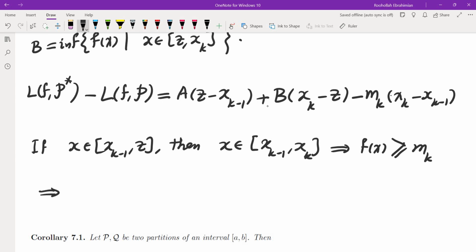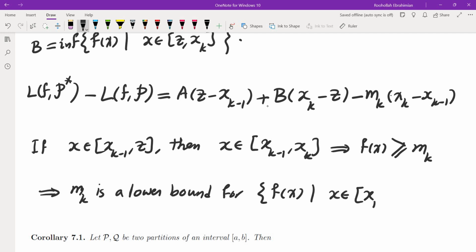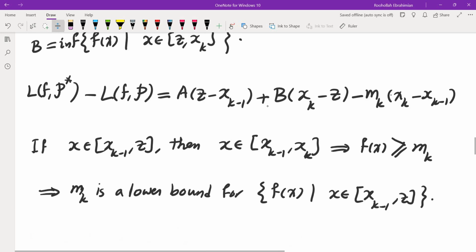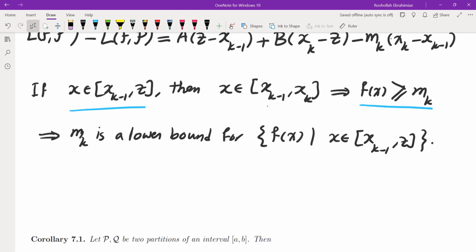So that means mk is a lower bound for the set f of x, where x is in the interval xk minus 1 to z. Because what we showed is that f of x is greater than or equal to mk for every x inside this interval. So that means mk must be greater than or equal to the infimum of this set. But the infimum of that set is a.